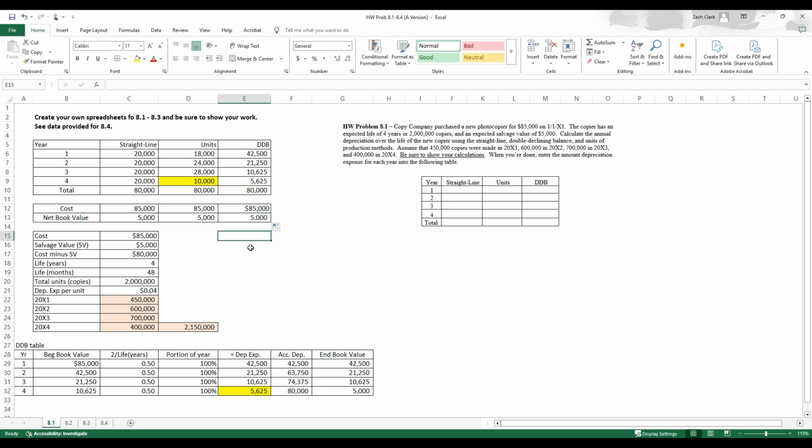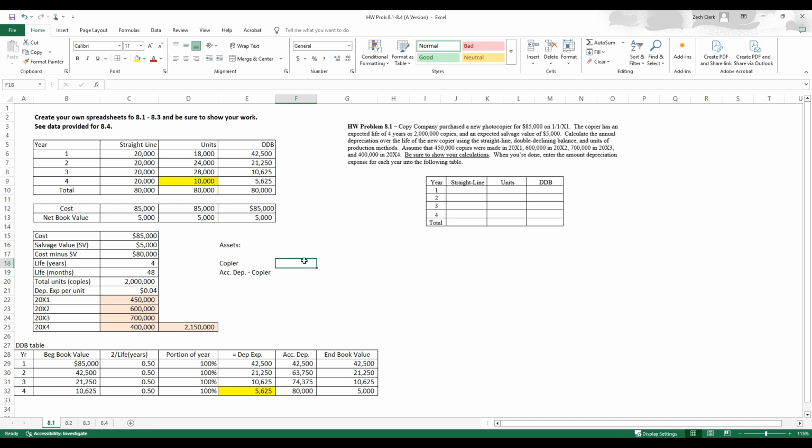And again, just as a reminder, what this means on our balance sheet: there's cash and everything else, but when we got to the depreciable asset part, we would see maybe copier and then accumulated depreciation, copier, right? So remember, that's how it works on our classified balance sheet, or just any balance sheet, as it breaks out the asset and the contra asset.